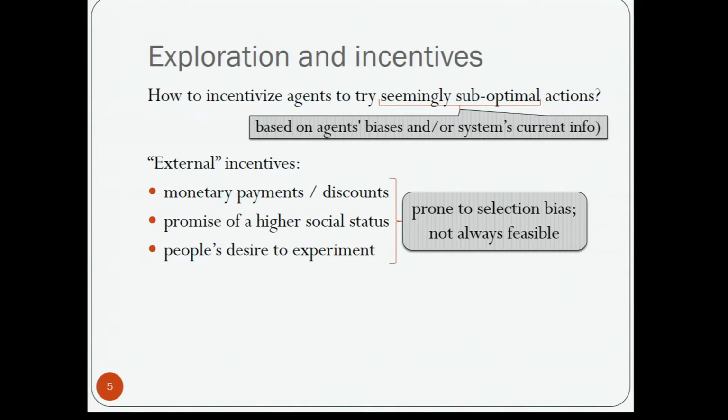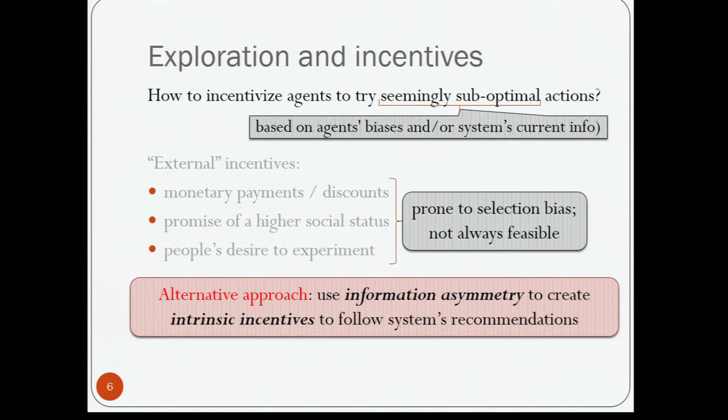The other thing is that all of that is prone to selection bias, because you'll end up seeing more patients that are poor, or you'll get reviews from a weird bunch of people who appreciate merit badges, or you'll see lots of people who like risks and so forth. So it's not necessarily the case that the population you see that way represents the actual population. There are ways to mitigate this, but here we try to explore an alternative approach.